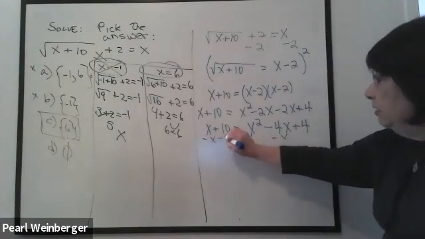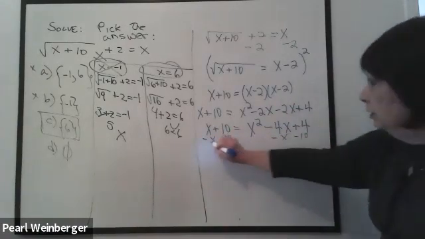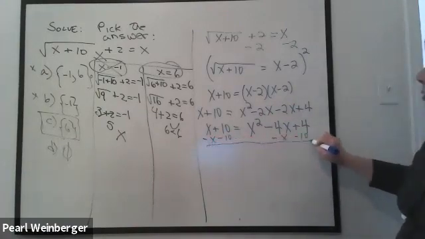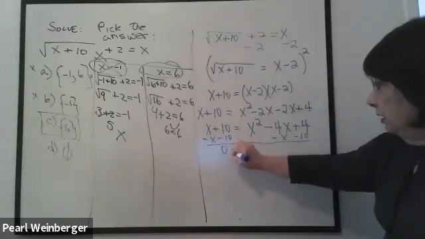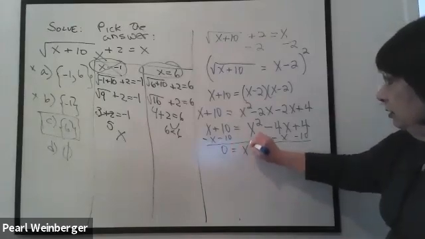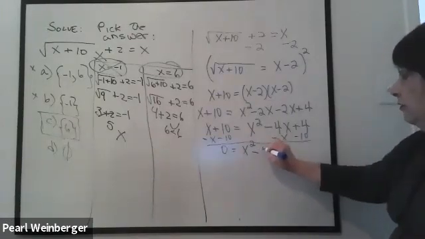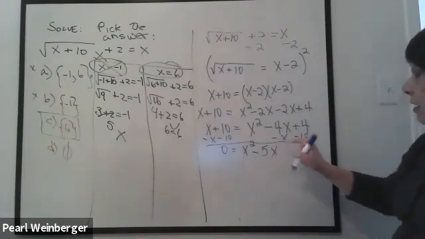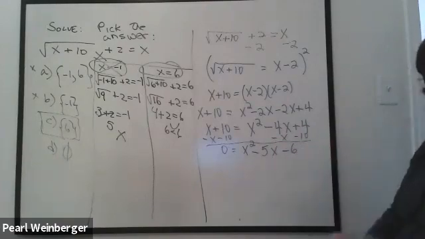And I'll minus 10 from both sides. So that I end up with 0 over here equals x squared. Negative 4x and negative x is negative 5x. And plus 4 and negative 10 is minus 6.